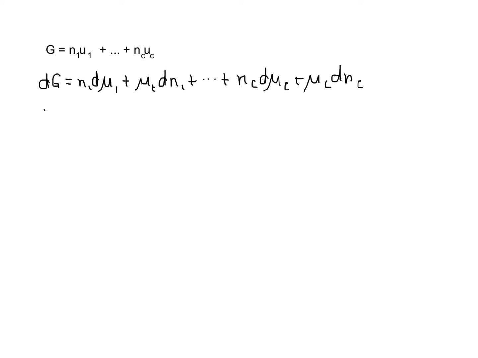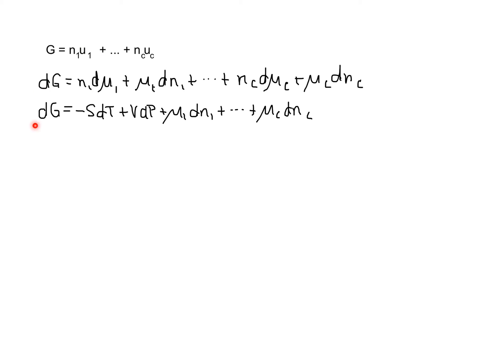The total change in Gibbs free energy can also be expressed as minus S dT plus V dP plus mu1 dN1 plus, and so on, plus mu_C dN_C.